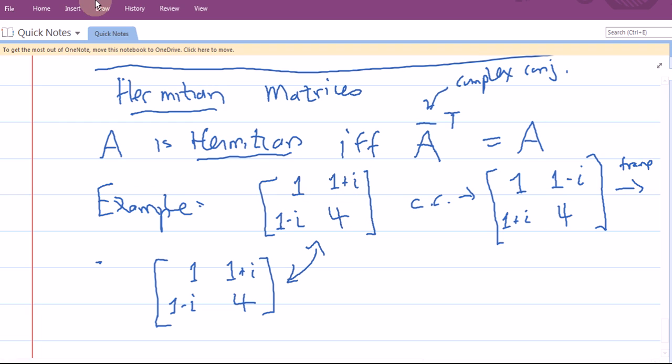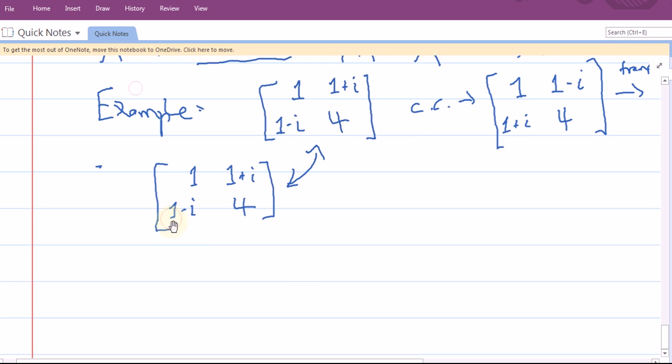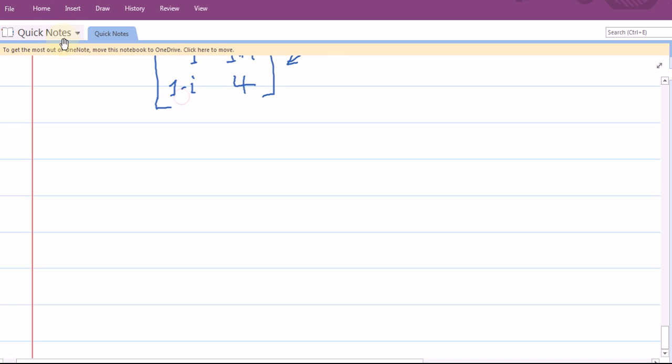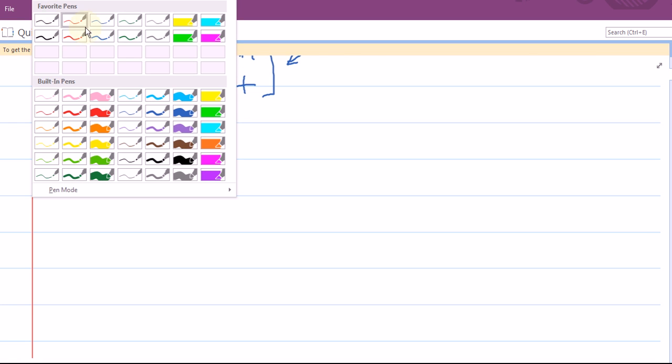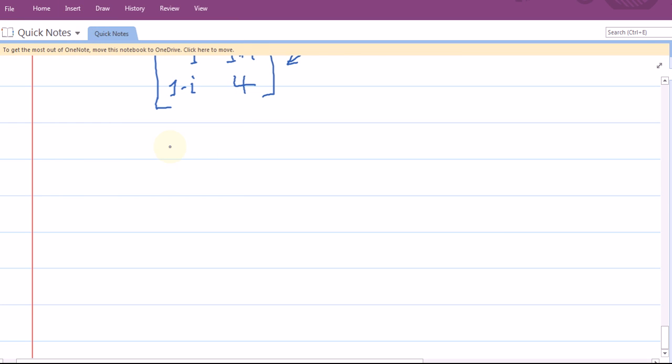So let me give you another example of a Hermitian matrix, 3 by 3 this time. If I follow the same rule, then as I mentioned, the diagonal should be real, and it can be any real number. I could do 7, minus 5, minus 3.